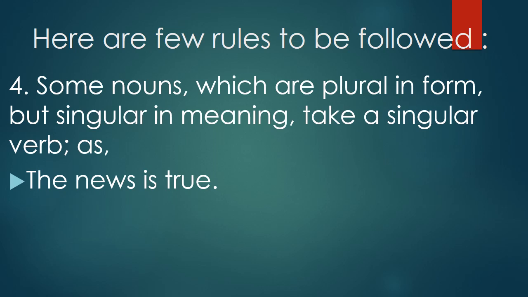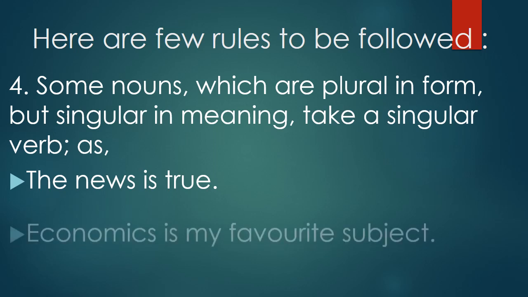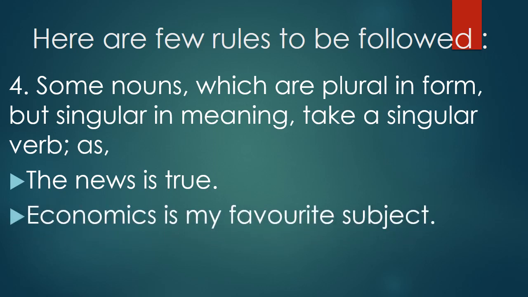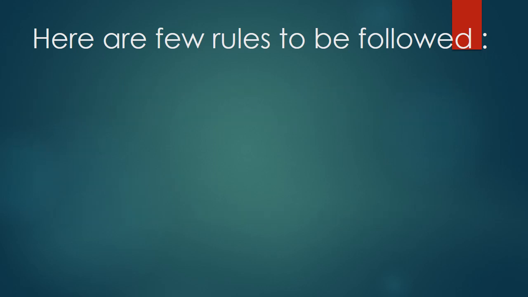Since we use is, still we use is there. Economics is my favorite subject. Mathematics is my favorite subject. Though we use s at the last of these words, yet we use singular form of the verb.